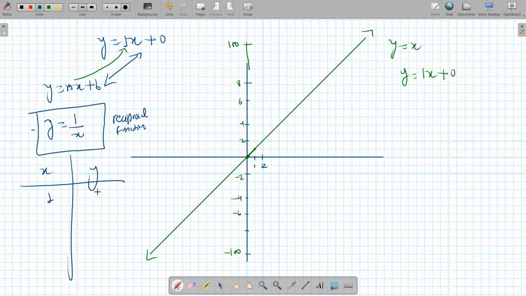So when x is 1, y is 1. What about when x is 0? Then you get nothing, right? You'll get a vertical asymptote because you'll be dividing by 0. So that means exactly when the x value is 0, we have an invisible wall like that. What about when x is 4? What's the y value?